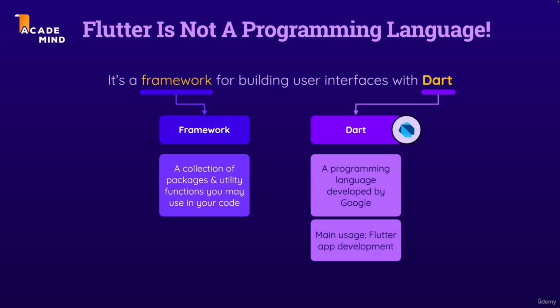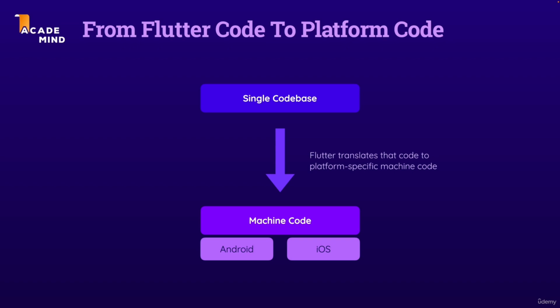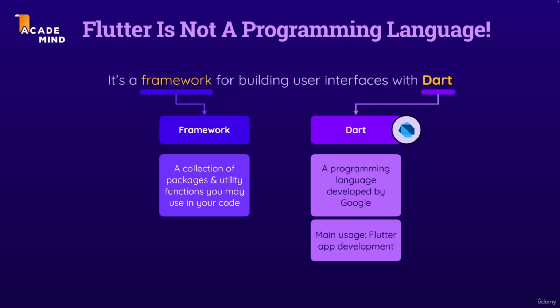The Flutter tooling that's also part of the overall Flutter solution then will translate that Dart code that uses Flutter features to that machine code for the different target platforms, as mentioned in the previous lecture. But technically, you as a developer are not just learning Flutter, but also Dart. But of course, with this course, you will learn both. You need no prior Dart knowledge. Instead, you will learn how to build mobile apps with Flutter, and along the way, you will also learn Dart, so that by the end of the course, you know both.